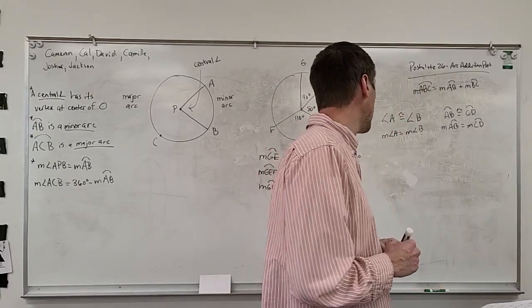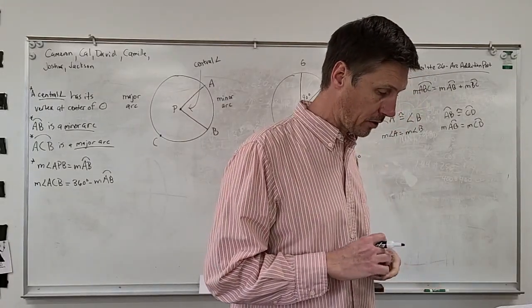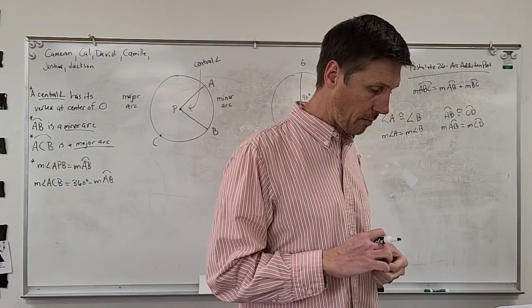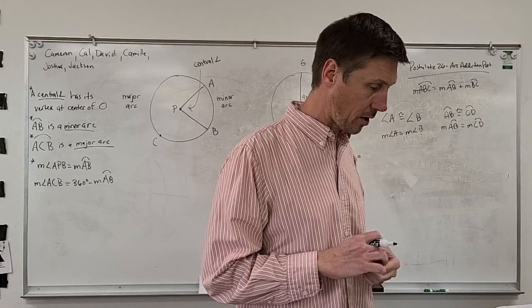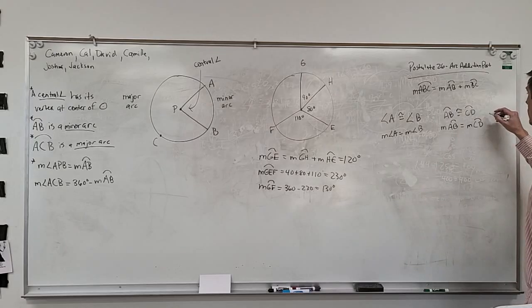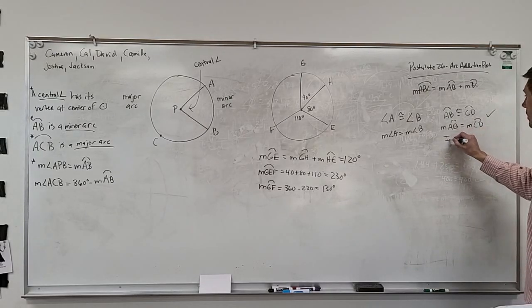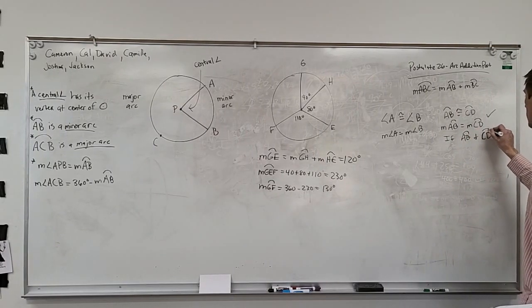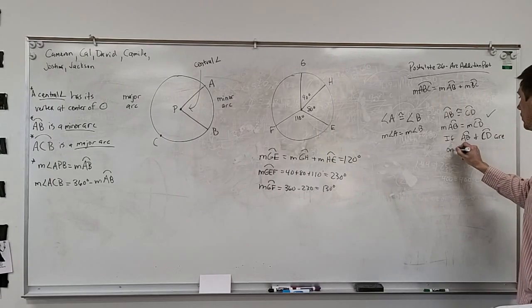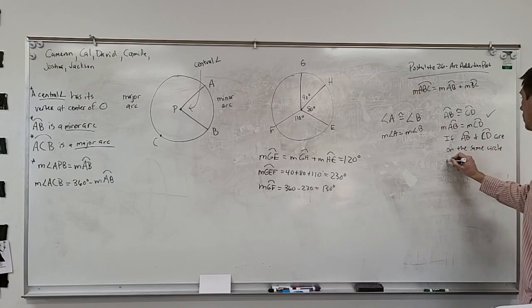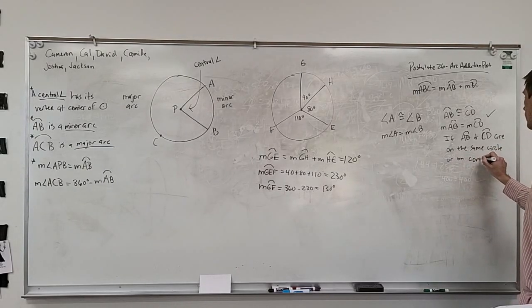So this has to do with one final caveat with congruent arcs. They have the same measurement and they are part of the same circle or of congruent circles. All right. So this is only true that they're congruent if arc AB and arc CD are on the same circle or on congruent circles.